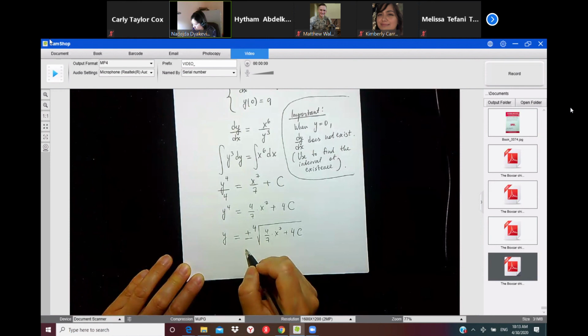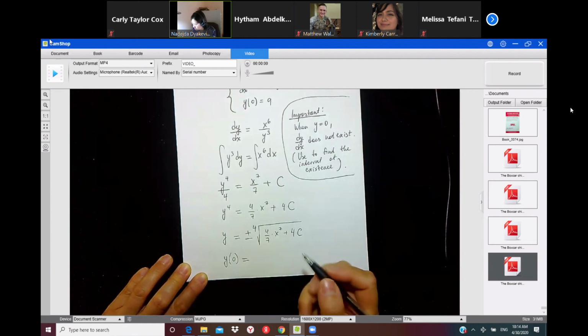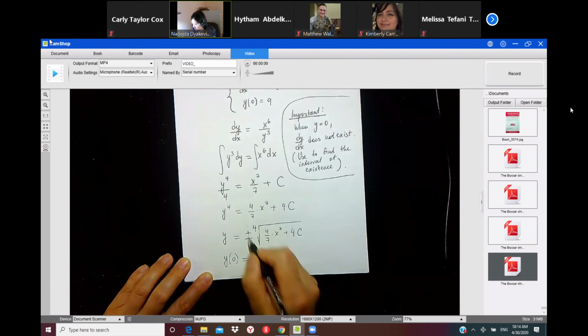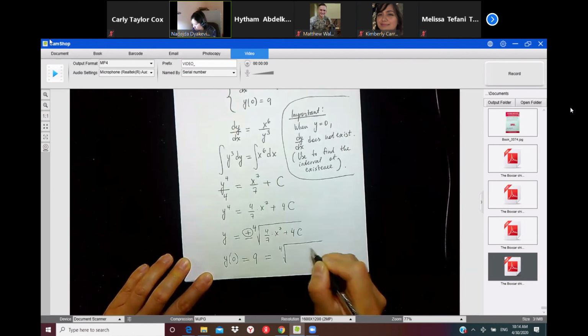Y of 0 is supposed to be equal to 9 if I plug in 0 here. So for the equation to work, we have to choose which one, plus or minus. Right, y of 0 equals positive 9, so you have to choose the positive one. So we get the 4th root, then we have 0 plus 4c.